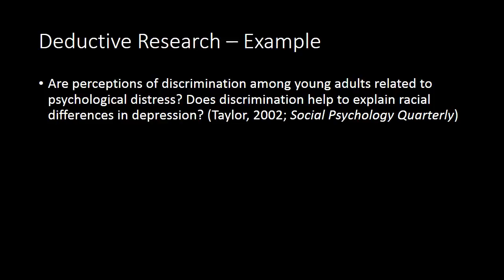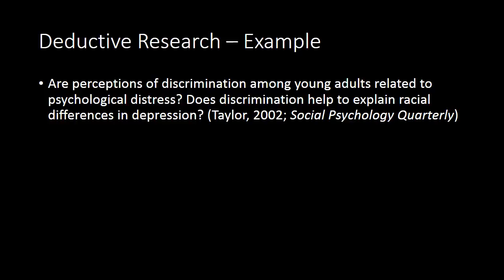So this research question is deductive because these research questions and the hypotheses that can be formulated from the research question are drawing from an existing social theory. It's actually the stress process theory that specifies how stress is related to health and how social characteristics affect exposure to stress and how personal social resources moderate the relationship between stress and health.